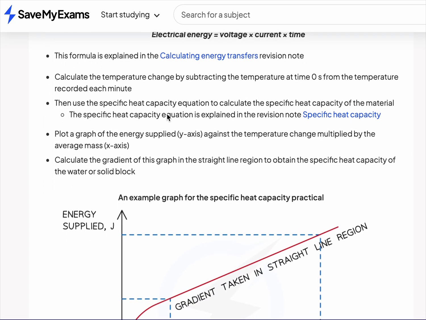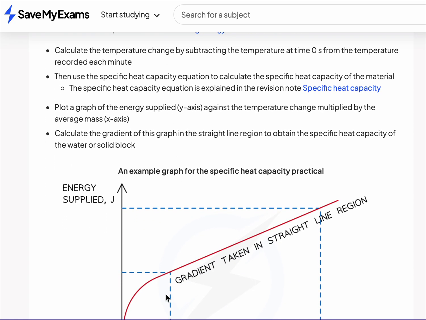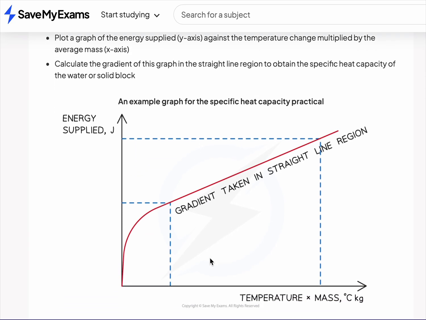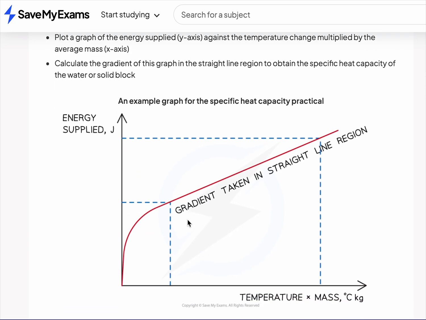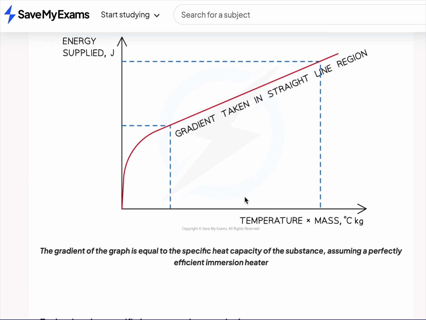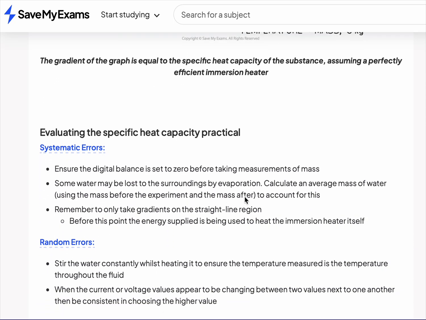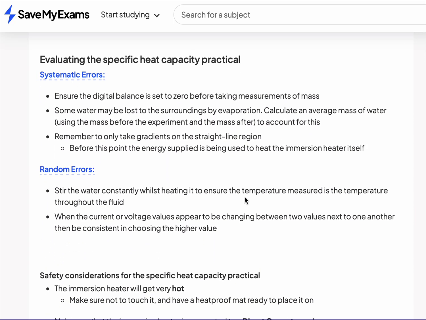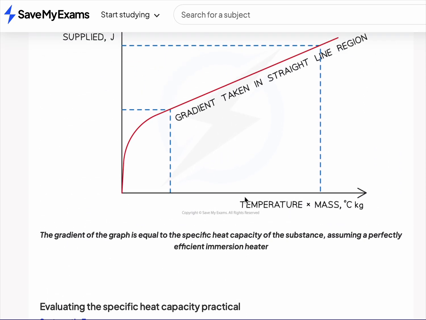And then as you increase the energy, eventually the temperature will start going up at a constant rate. The gradient of this straight line portion is what you want to determine for the specific heat capacity, because if you remember the formula, it's the ratio of energy to temperature rise.